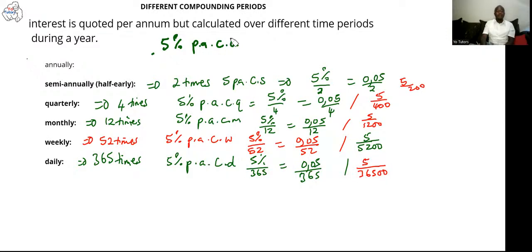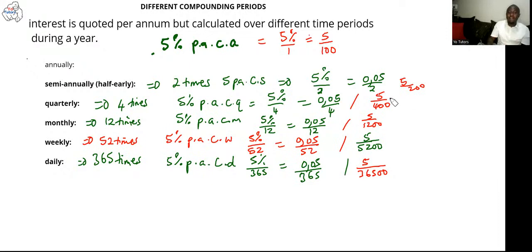Because annually it's just 5% over 1, which is just 5%, and as a percentage over 100 it's 5 over 100. With the 2 it's going to be 200, and with the 4 it's going to be 500.